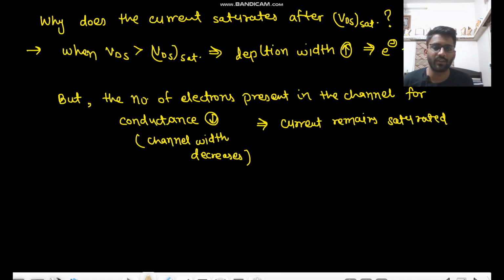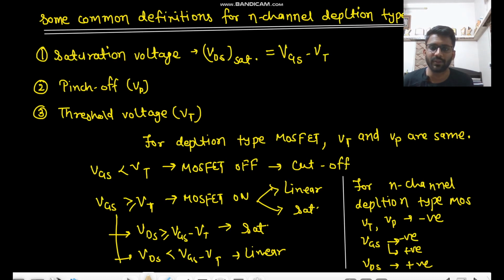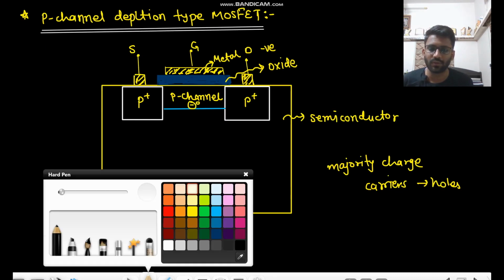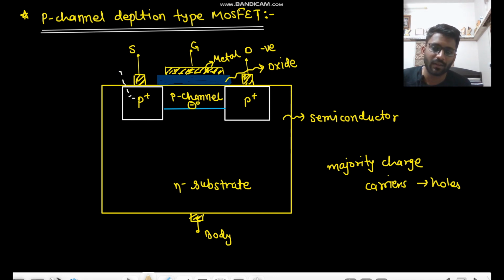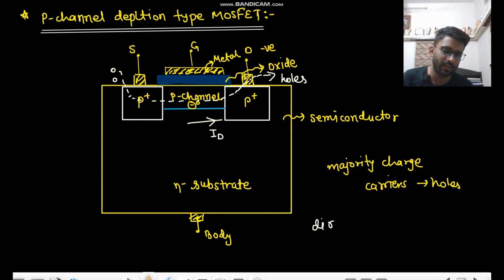In P channel depletion type MOSFET, I forgot to tell you the direction actually. The holes are going in this direction, right? So if the holes are going in this direction, the direction of current will be this only, from source to drain.